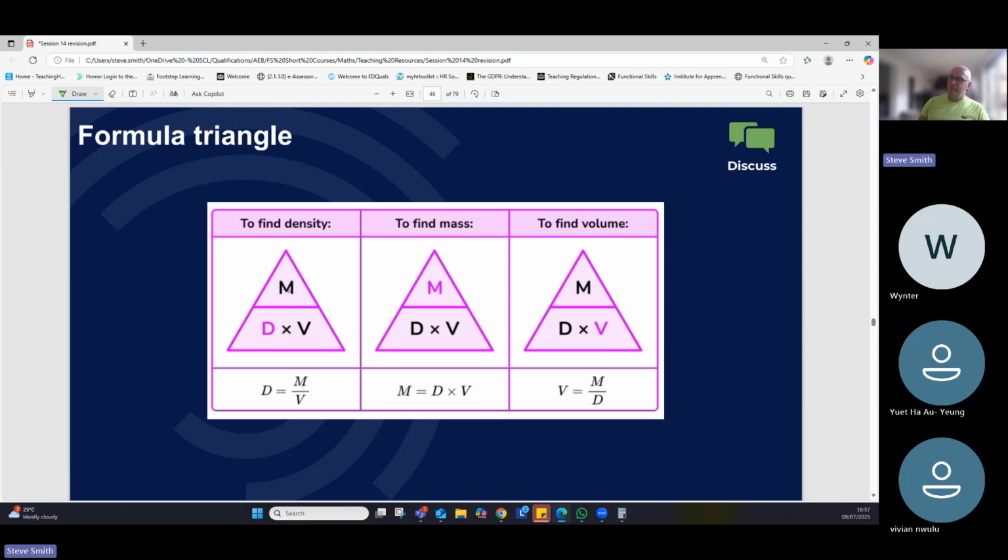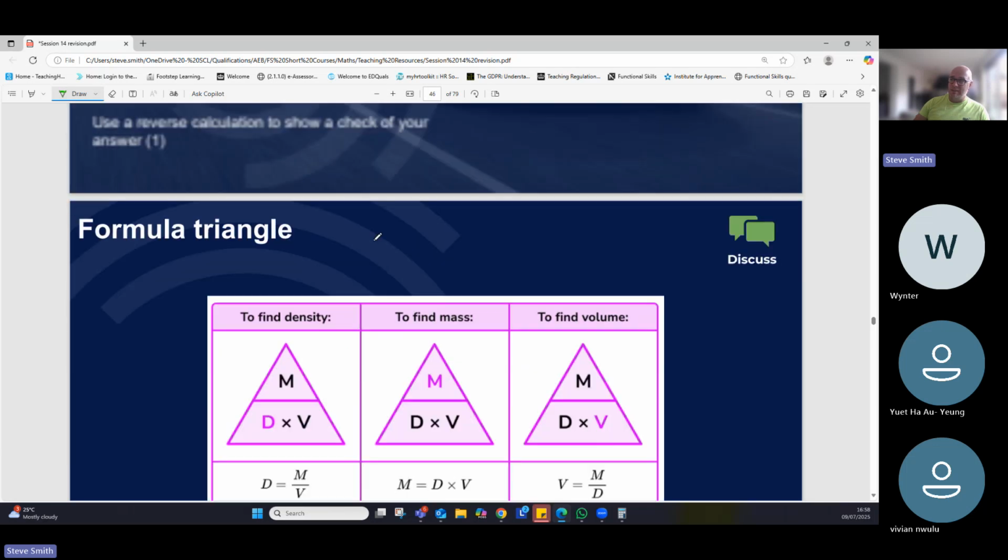So if you want M, we're going to have density times volume for mass. If you're wanting volume, you've got mass divided by density. It's all about looking at where we've got. So on this one, the dominant letter is M. So M's always on top when it comes to the density, mass, and volume formula triangle.